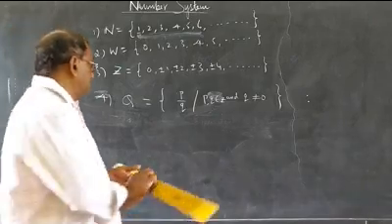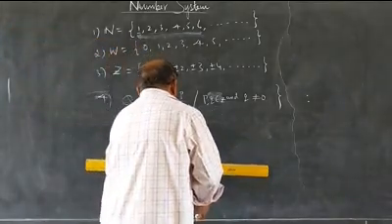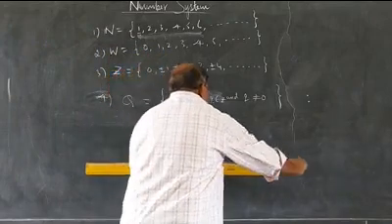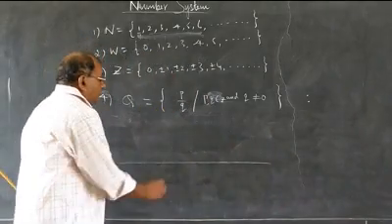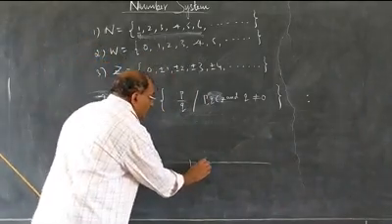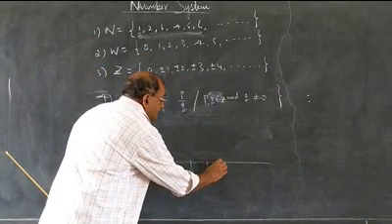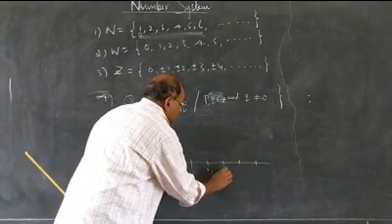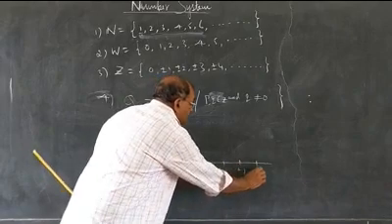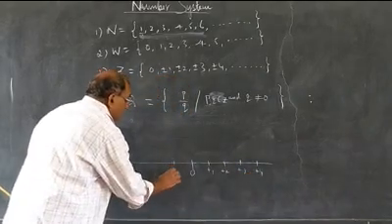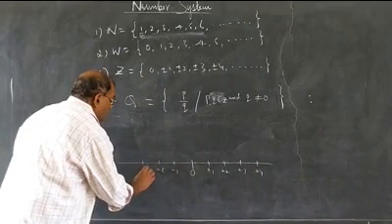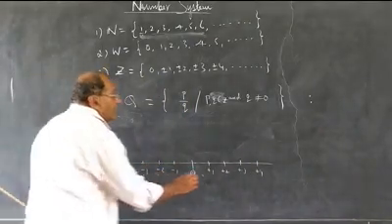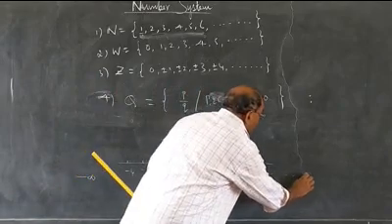Given a number line, we already know there is 0, towards the right side positive integers plus 1, plus 2, plus 3, plus 4, and minus 1, minus 2, minus 3, minus 4, up to minus infinity and up to plus infinity.